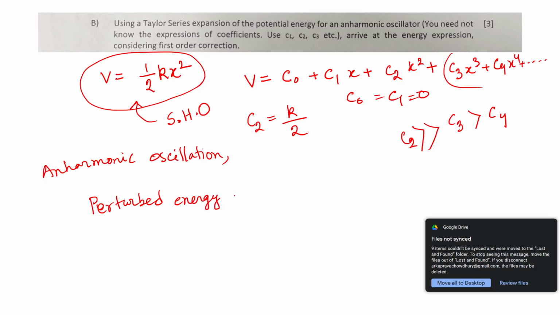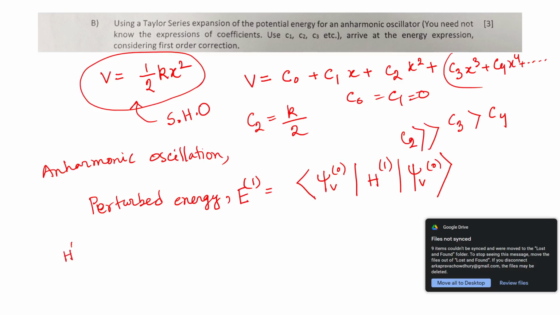Sorry, today my handwriting, I'm trying to do it fast. If my wave functions are normalized, I can write it like this. My perturbed Hamiltonian is C3 x cube plus C4 x to the power 4.